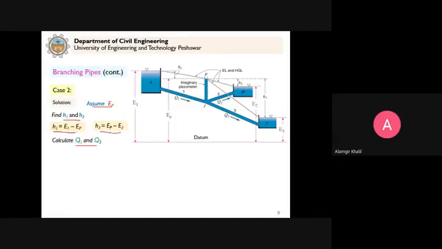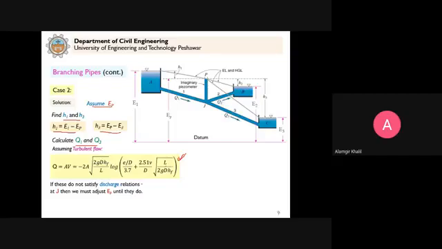And we can calculate Q1 and Q3 assuming turbulent flow using this equation. Then we have to apply the continuity equation depending on the two cases that we discussed. And we will continue with this EP value unless and until the continuity is satisfied. So as I said, it is a trial and error procedure.